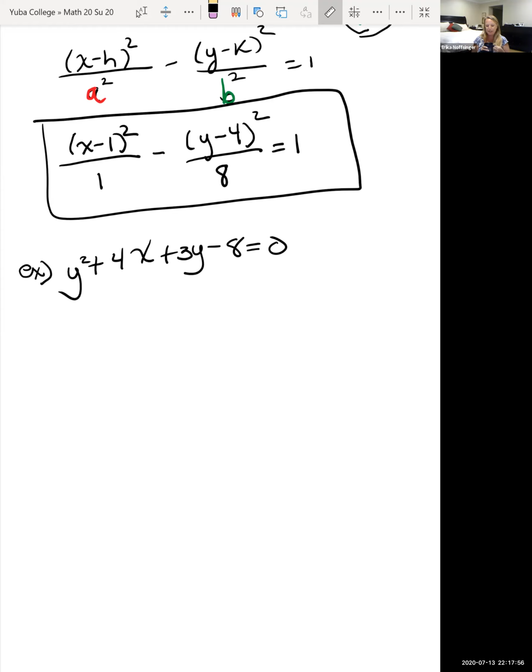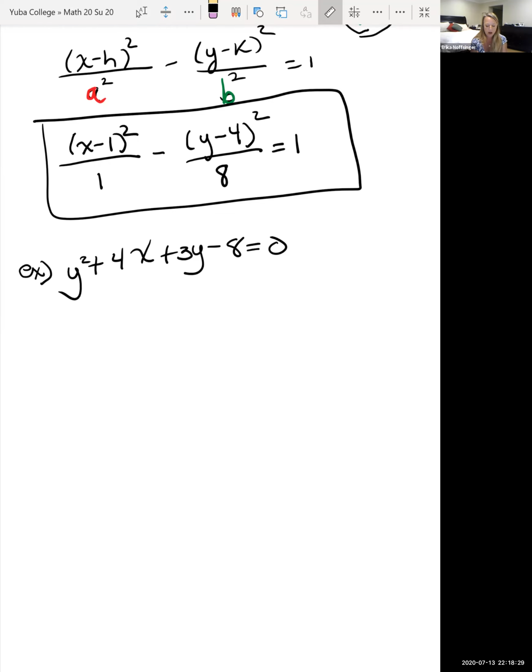So I'm looking at the equation. I first jump to where are my x squared and y squared terms? What's in front of those? If there's not both an x squared and a y squared term, then I know it's a parabola. So there's not an x squared and a y squared term, so that's a parabola. And then I look at which one is squared. Normally we looked at before graphing y equals something in the form of ax squared plus bx plus c, where the x part was squared and it was up and down.